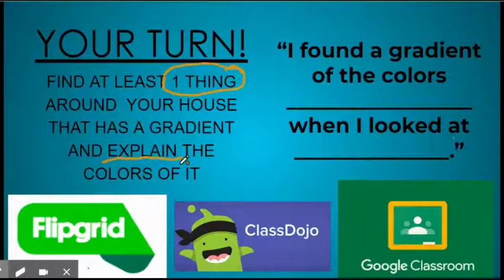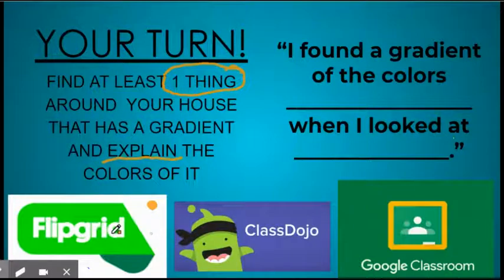Also, if you make a video explaining what you see, you can always use your hands to show me how the gradient is moving. Remember that these are the 3 places that you can send back your responses. Flipgrid is for our friends in Miss Jensen's class with her art showroom Flipgrid.